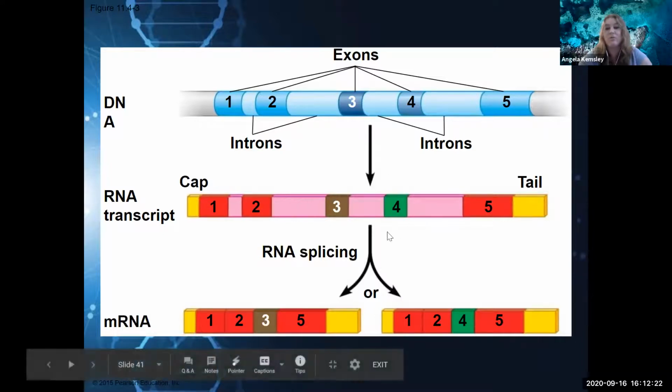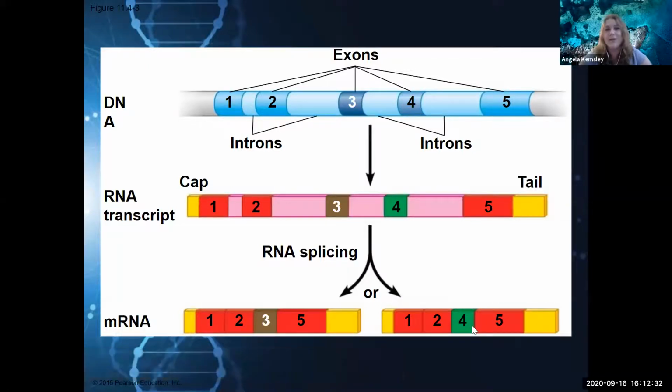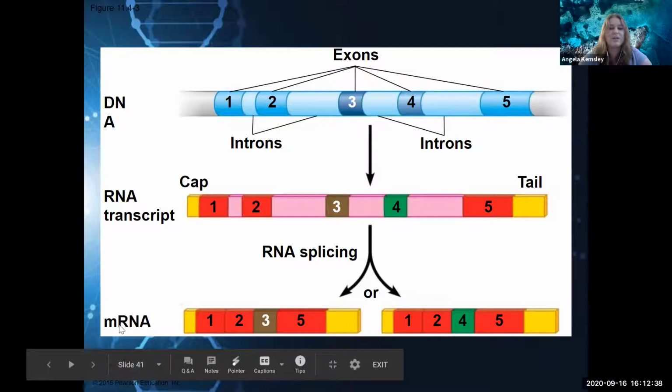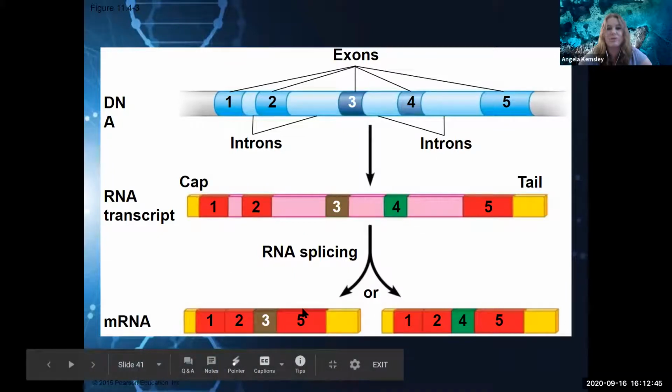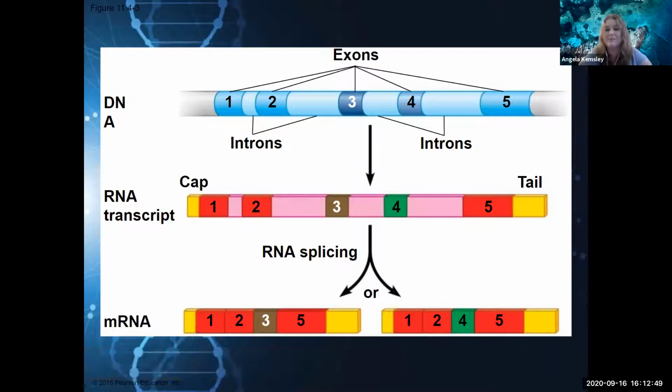We actually removed number 4 while we were splicing. Or we might end up with 1, 2, 4, 5, where we actually removed exon number 3. So sometimes exons get spliced as well, and that different splicing can produce different strands of mRNA. If you look at it, these are going to be different when we do translation. So these are going to result in different polypeptides, therefore resulting in different proteins.